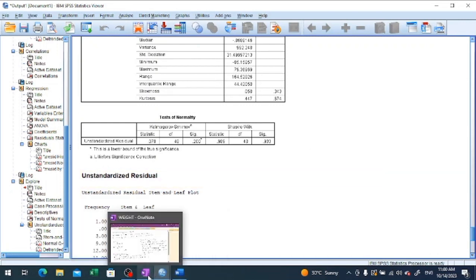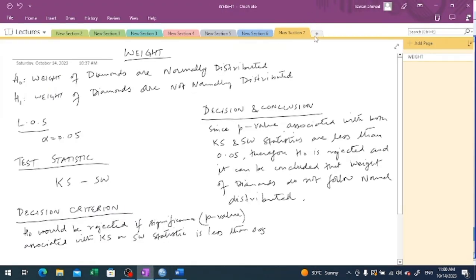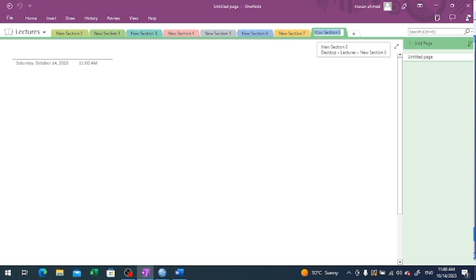Now what we do, we will perform formally the test. Over here, I will do the write-up for this test. And the H naught related to this test is residuals follow normal distribution.